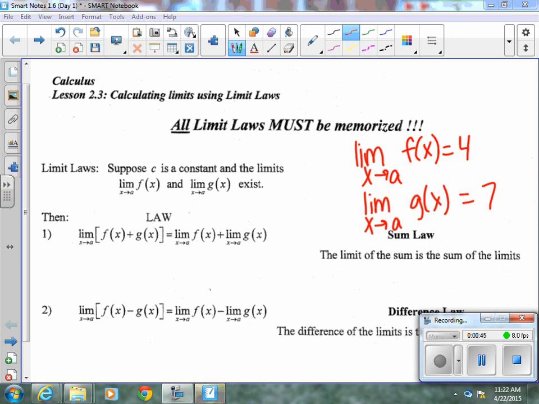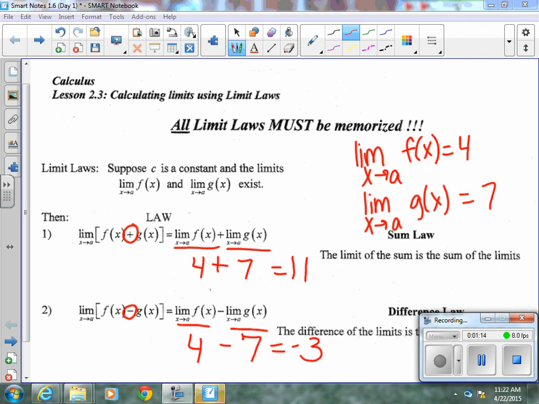So, law number 1 says, if they are added or subtracted, they can be split up into 2 limits. Although we know very little about the sum of f of x and g of x, we do know the limit of f of x as x approaches a, which is 4, and we know the limit of g of x as x approaches a, so we know that this would be 11.